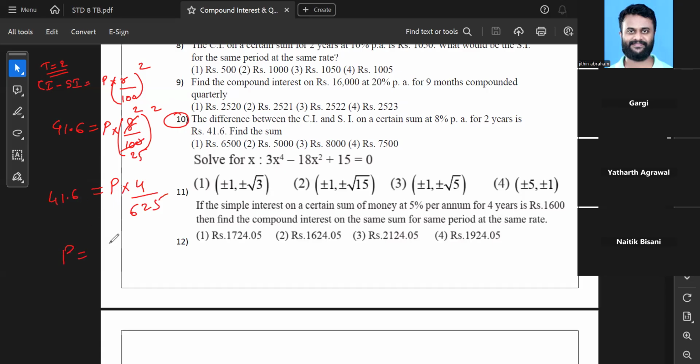So your principal is going to be 41.6 multiplied by 625 divided by 4. And 416 is divisible by 4, right? So it's 104. Decimal point डाल देना. So 625 को 10.4 से multiply करना. That's your answer.